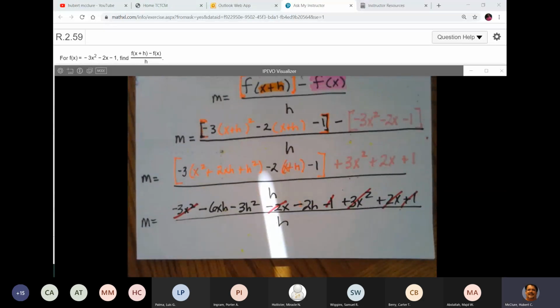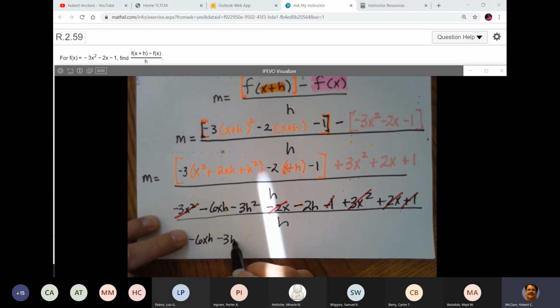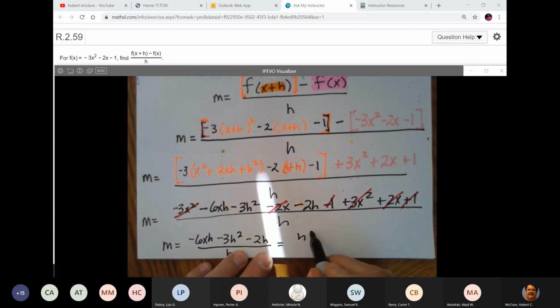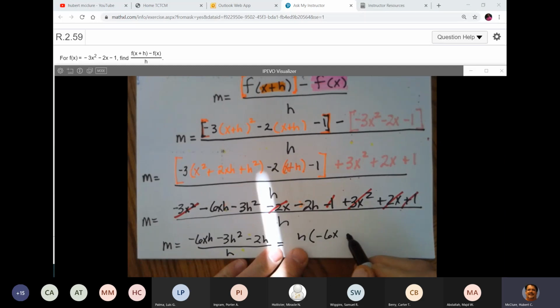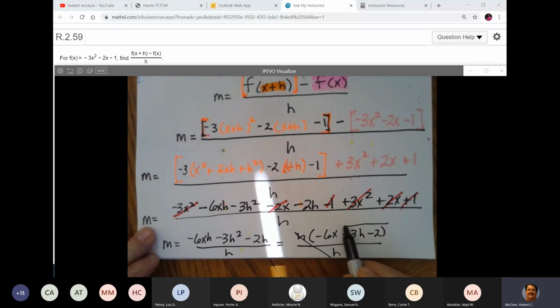So now M is equal to negative 6xh minus 3h squared minus 2h over h. Factor out an h, and that's negative 6x minus 3h minus 2 over h. The h's cancel, and you're left with negative 6x minus 3h minus 2.